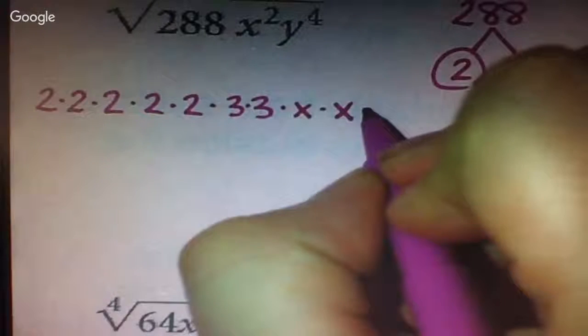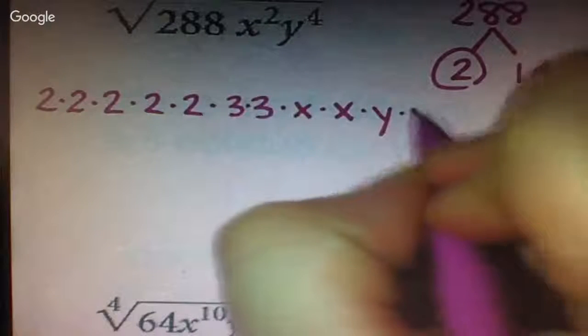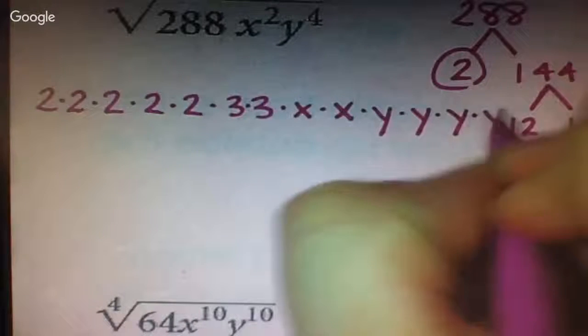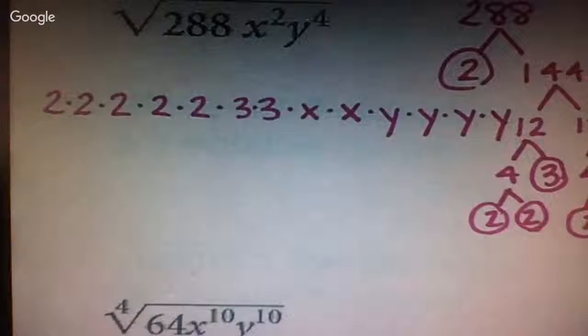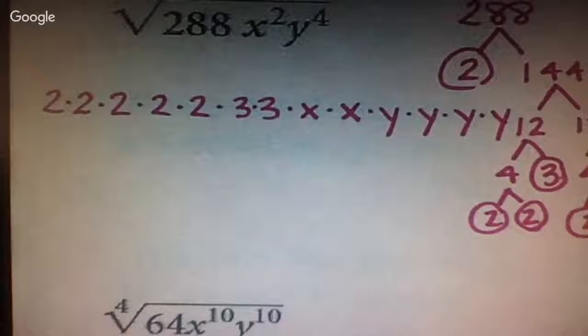And y to the 4th means I have 4 y's. X squared is x times x, and y to the 4th is 4 y's multiplied together.